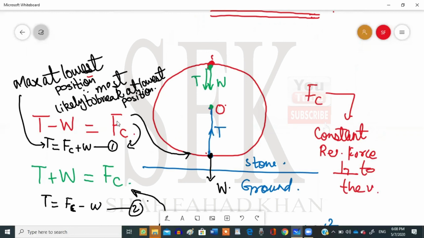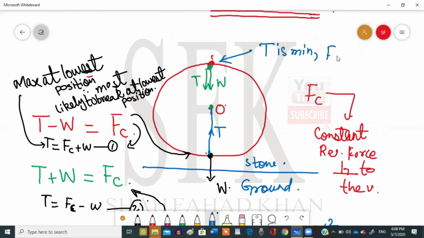I'm talking about the centripetal force, I'm not talking about the tension. Remember that. At the maximum position over here, the tension is minimum, but the centripetal force is maximum. Oh, sorry, this formula is for the lowest position. From this green formula over here, centripetal force is maximum, but the tension is minimum. And at the least position, vice versa: tension is max and centripetal force is minimum.